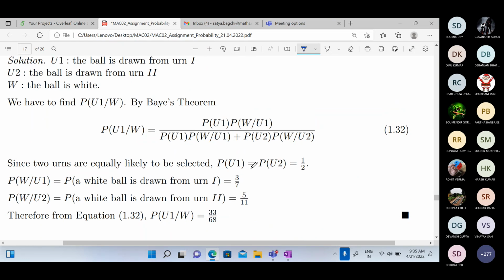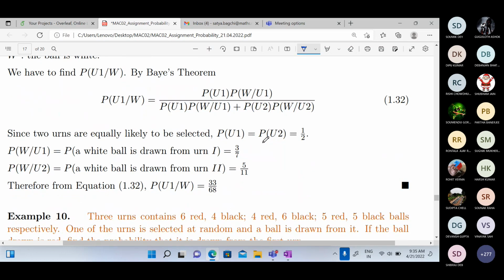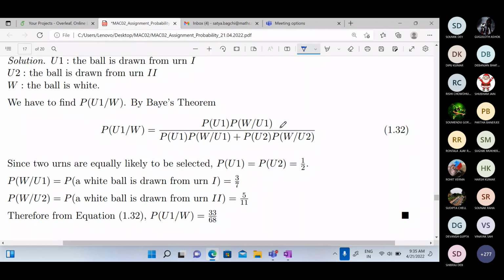You see this one. This is probably the easiest way to discuss. Here I'm noting U1 this way. U1 is the ball is drawn from arm 1, and U2 the ball is drawn from arm 2. And W is the ball is white.